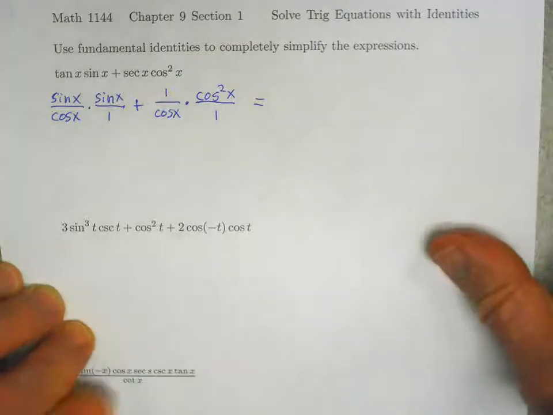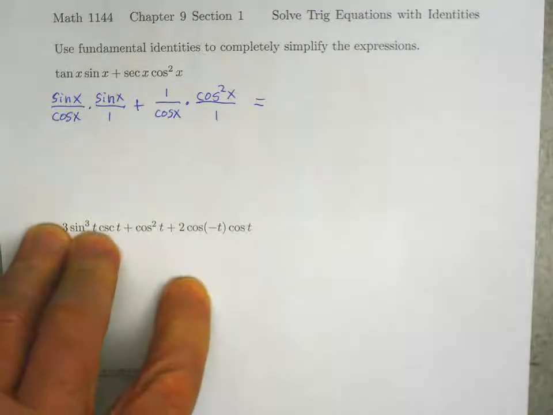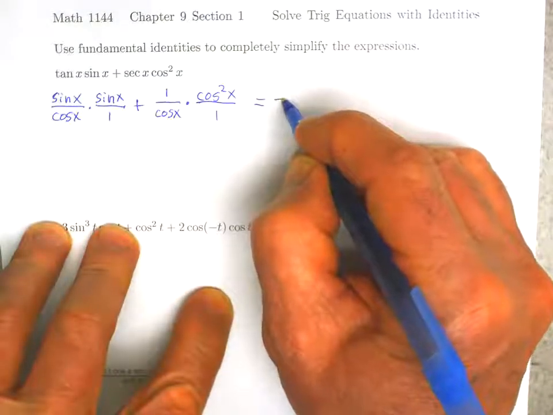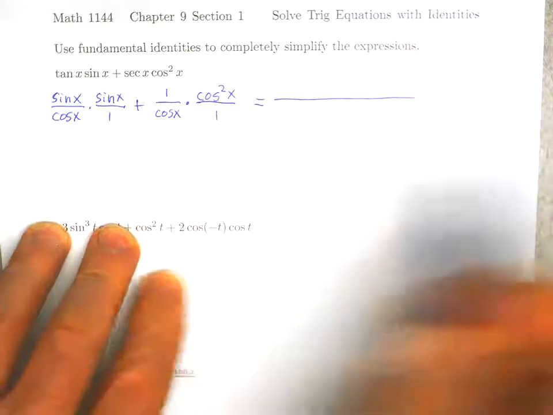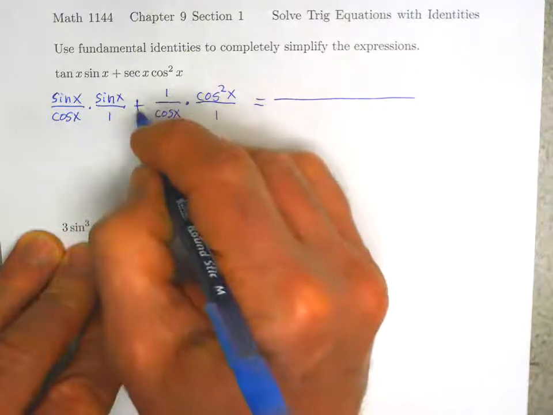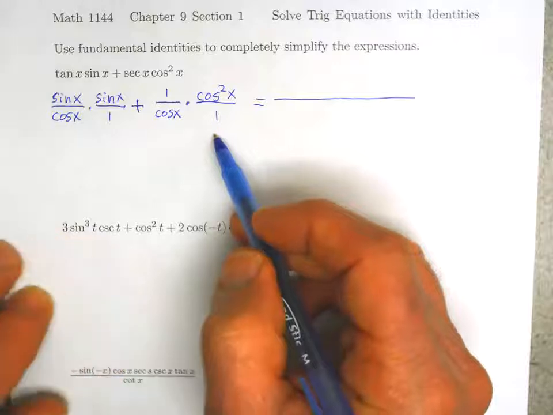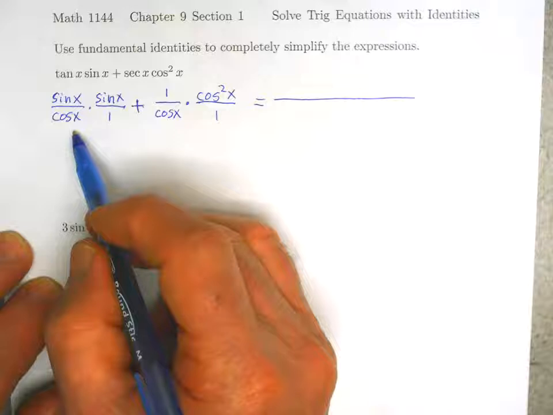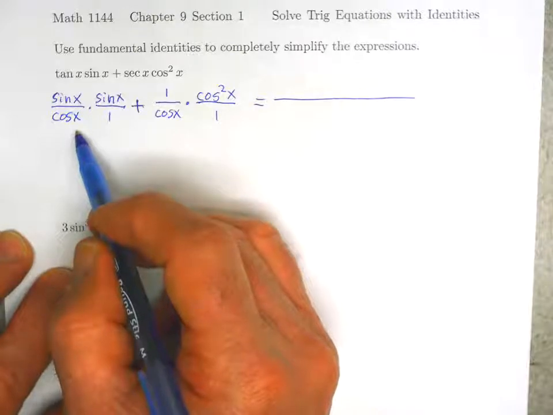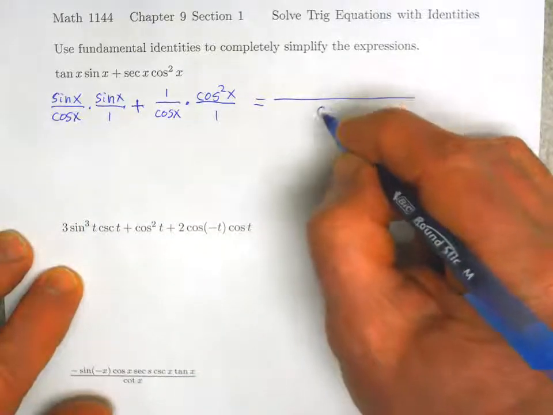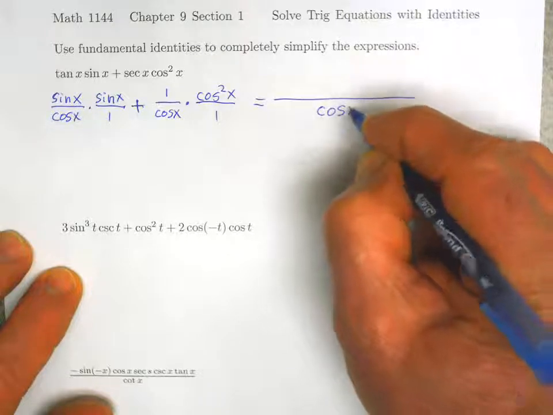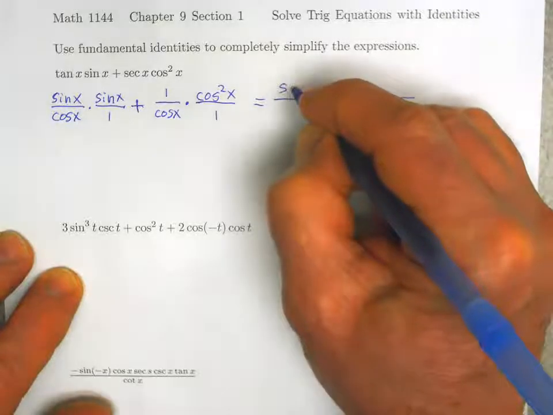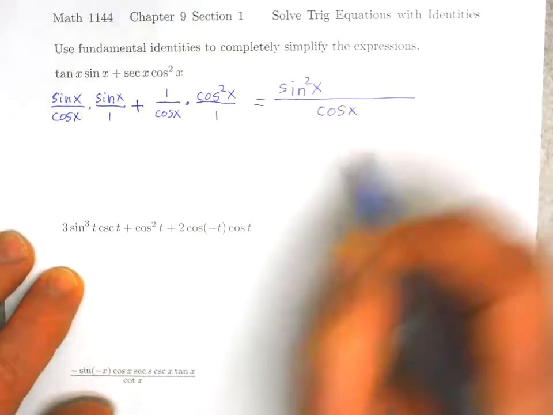There's a couple of things that could happen, but in my opinion, the most straightforward thing to do is notice we're adding those two terms and they both have the same denominator of cosine of x. So let's just write it as a single rational expression with cosine of x in the denominator. Sine of x times sine of x is sine of x squared.